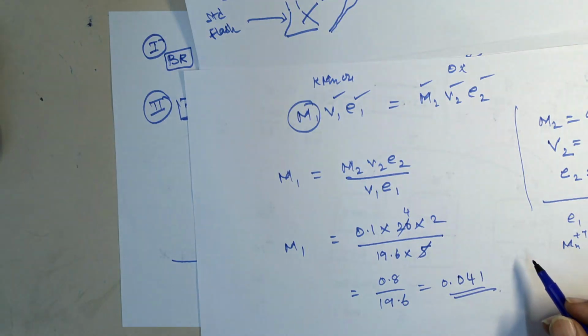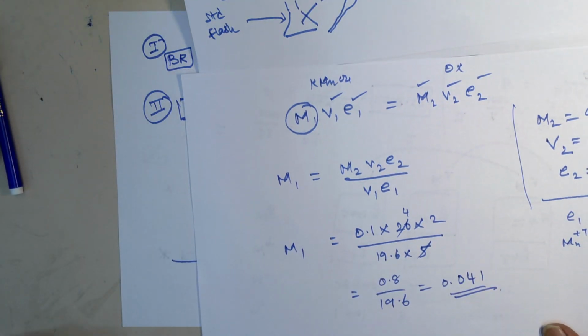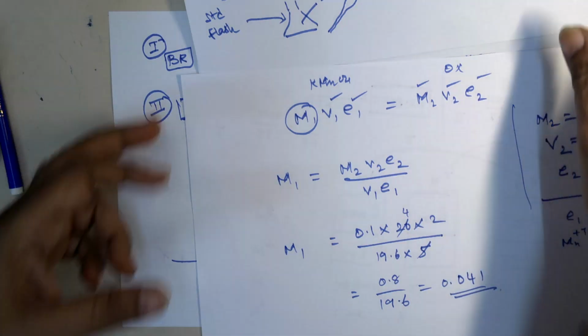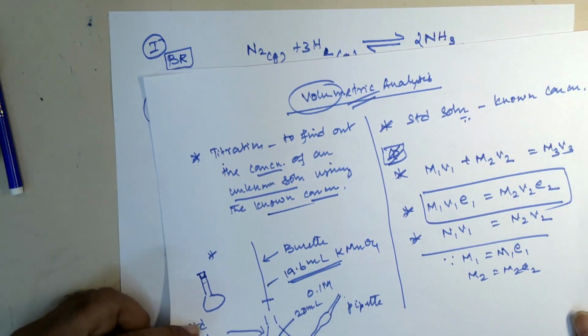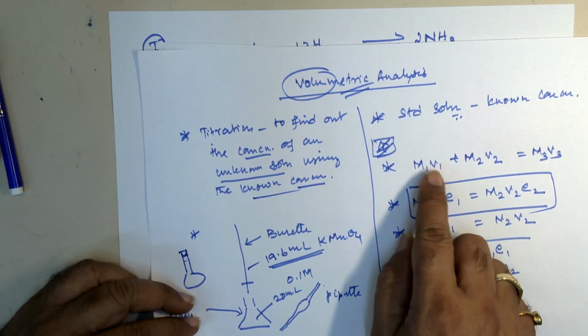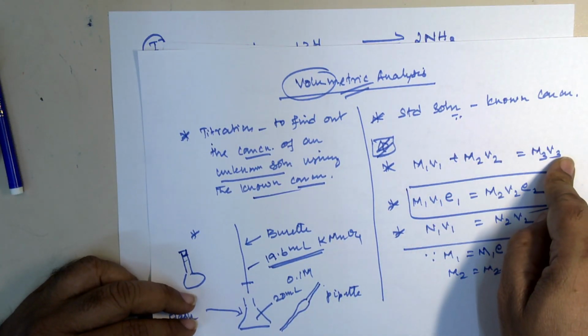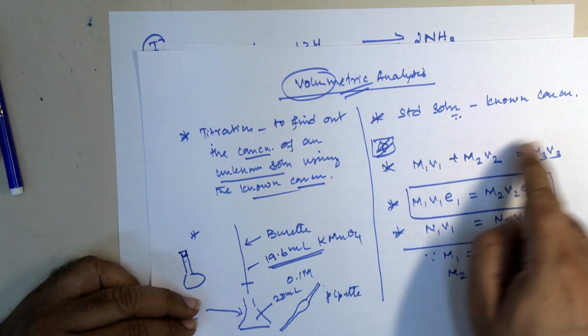So this is the molarity required for KMnO4. Do you understand this? This is called titration, or volumetric analysis. And when you dilute, you get a different molarity, because on dilution it will change.